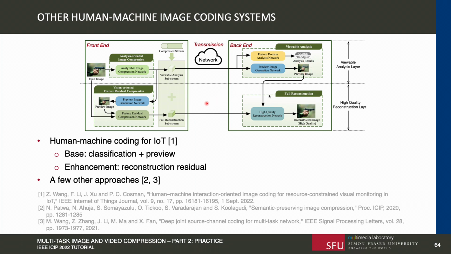And then the enhancement layer provides additional information necessary to reconstruct a high-quality version of the input image. And there are a few other methods in the literature that consider coding for a computer vision task that also allow for a preview or another task related to human vision.